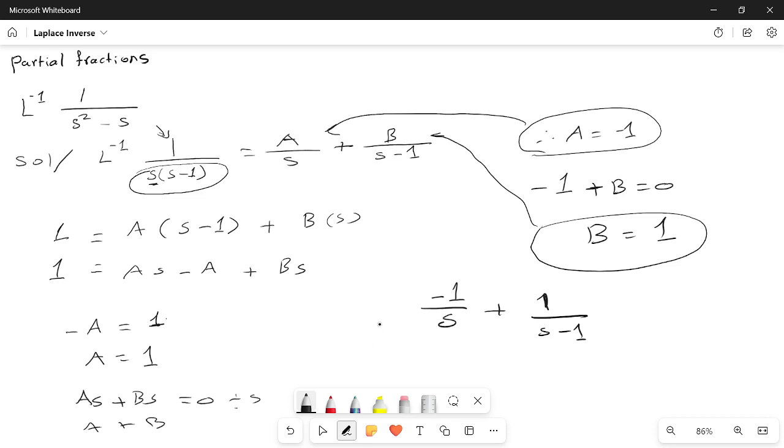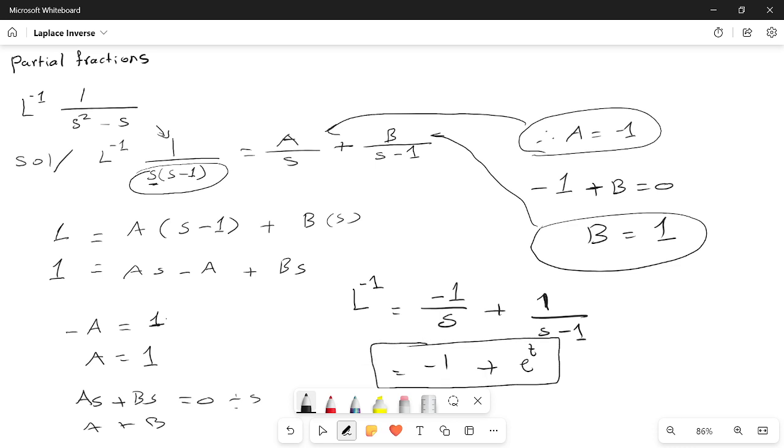So now all you have to do is take the Laplace inverse for these two. The Laplace inverse of negative 1 divided by s is negative 1, plus the Laplace inverse of 1 divided by s minus 1 is exponential t, and that's the final answer. And that's how you use partial fractions.